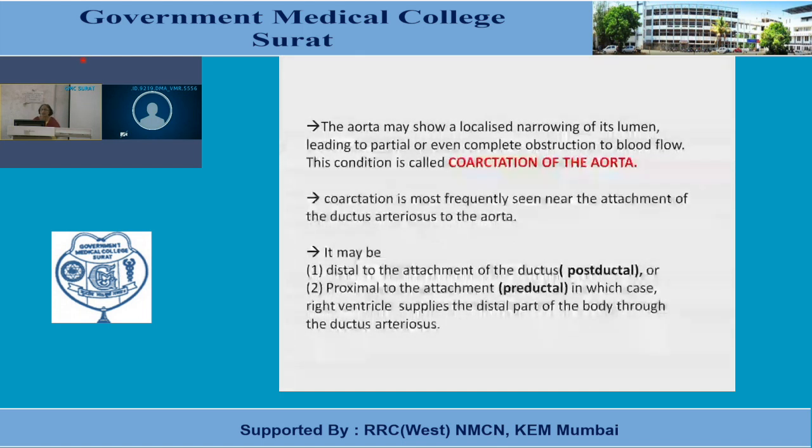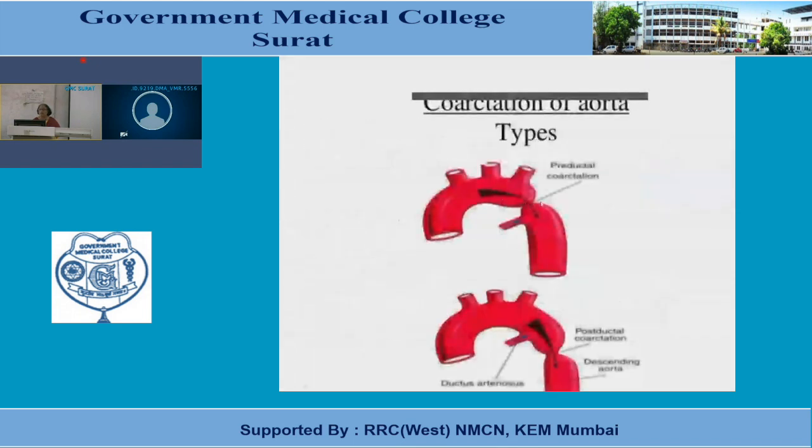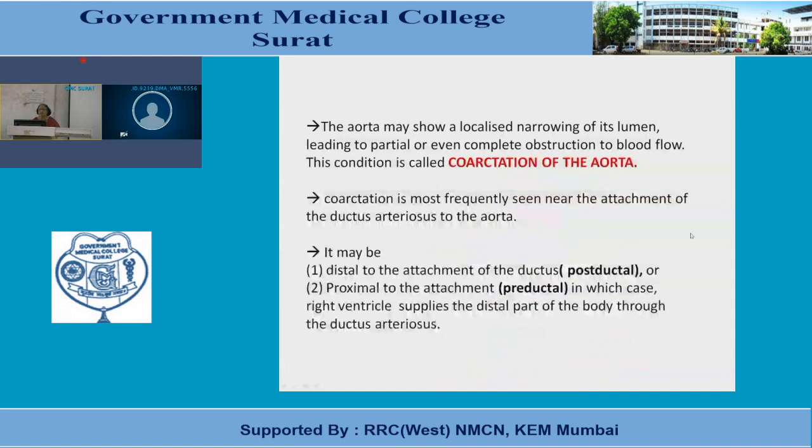The coarctation, you can see in the diagram, is a narrowing. This is the aorta, this is the preductal and this is the postductal, and this is the ductus arteriosus, the sixth arch artery. Coarctation is most frequently seen near the attachment of the ductus arteriosus.